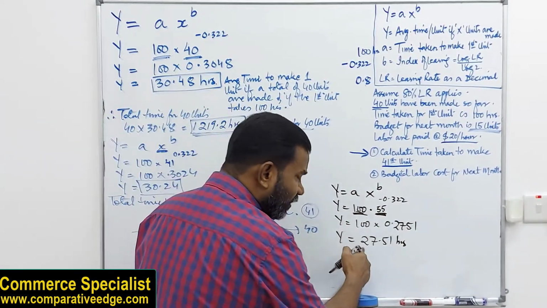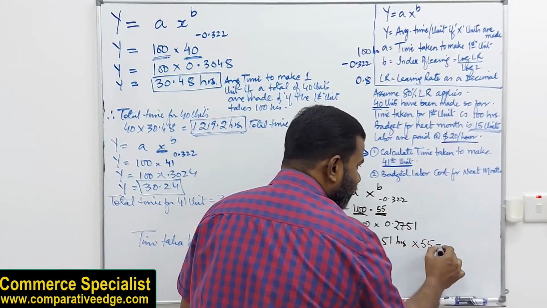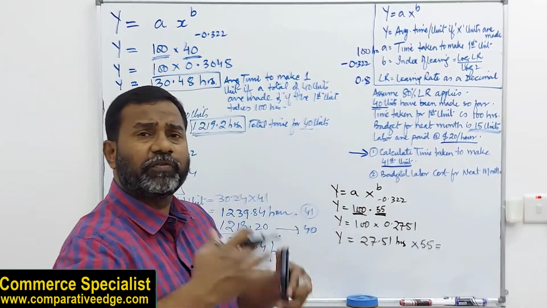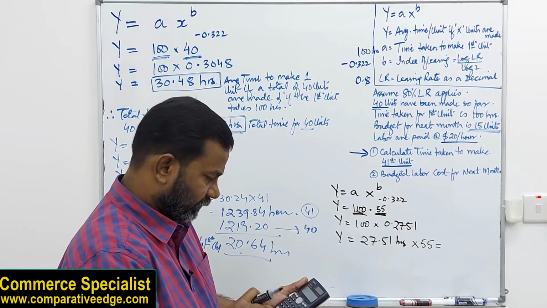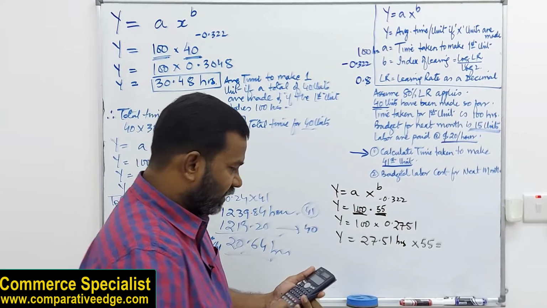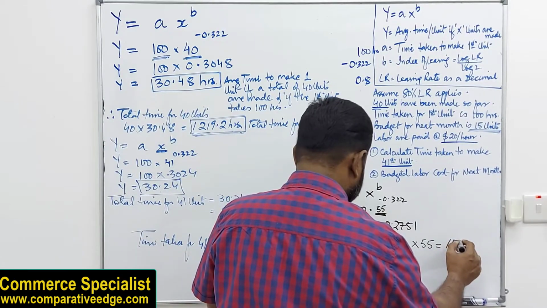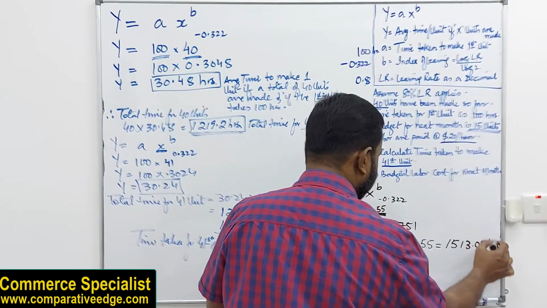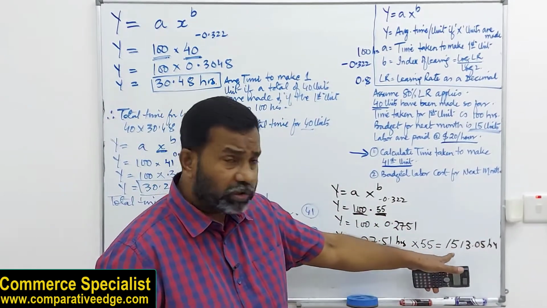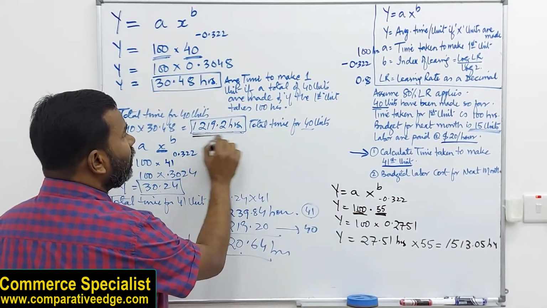So if it's the average time to make one unit, I can multiply it by 55, which will give me the total time to make 55 units. So 27.51 into 55 gives me the total time for making 55 units. It is 1513.05 hours.